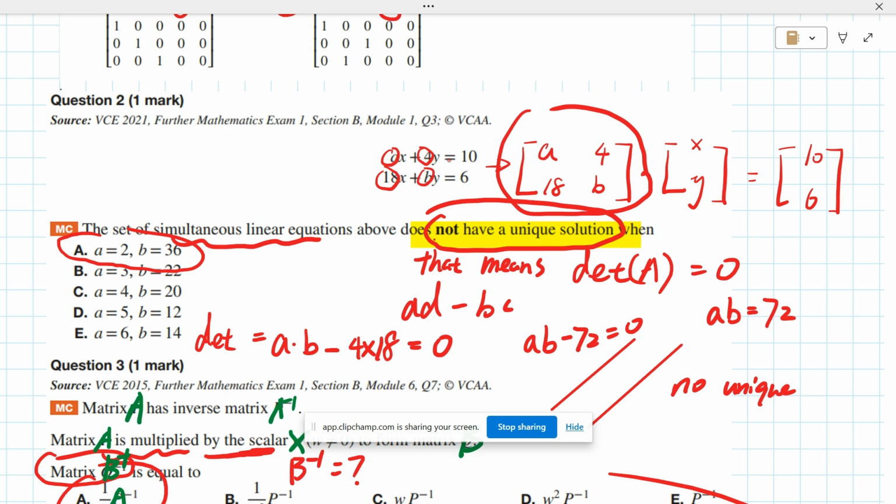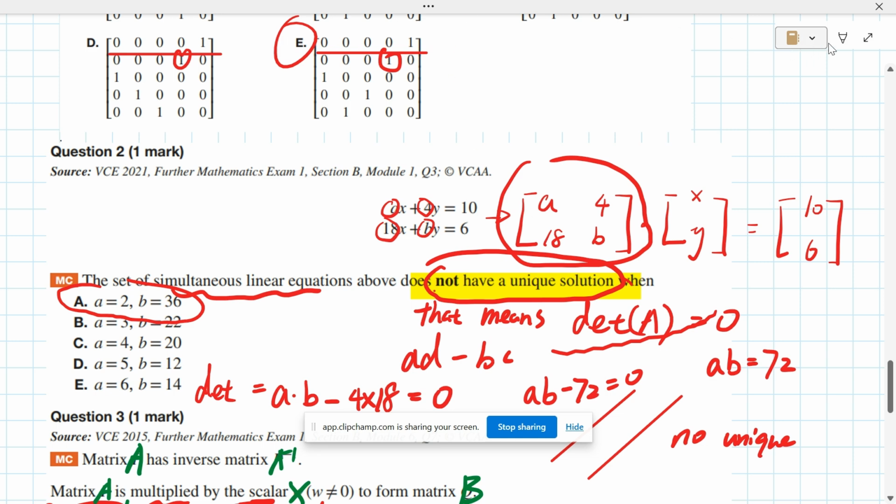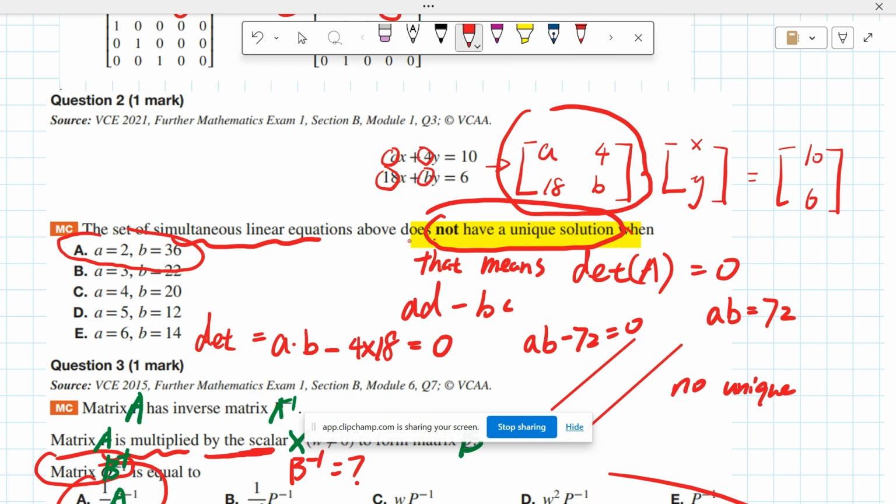First thing first, that means there's no solution. That means the determinant has to be equal to 0? So I want you guys to make sure you understand that if you have simultaneous equations and it's not a unique solution, the determinant equals 0. Okay, just make sure.